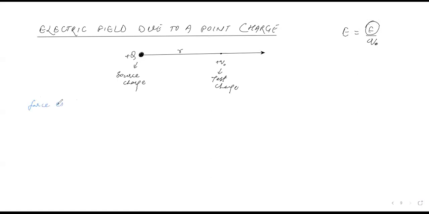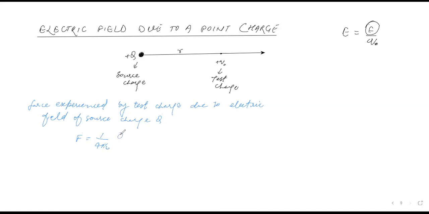So right here, the force experienced by the test charge due to the electric field of source charge Q will be F is equal to, we already know, 1 over 4 pi epsilon naught Q Q naught over R square. It is a vector quantity.